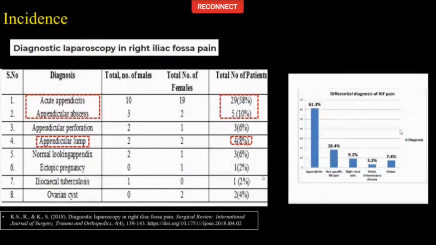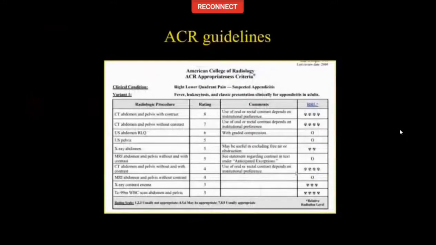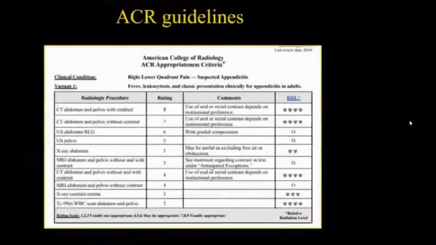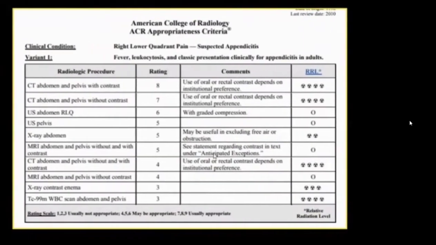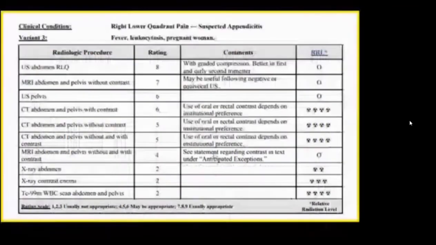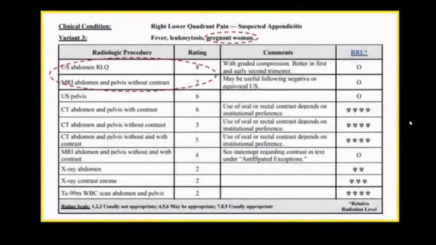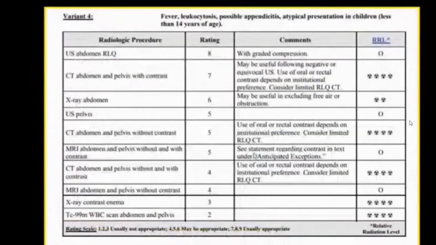So now going to the ACR appropriateness criteria, it has been divided according to right lower quadrant pain, suspected appendicitis. Here also, appendicitis is in adults. Then you have pregnant women and children less than 14 years of age.